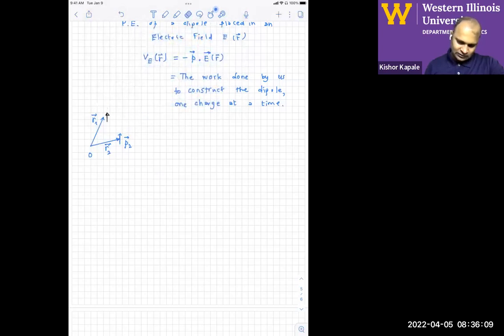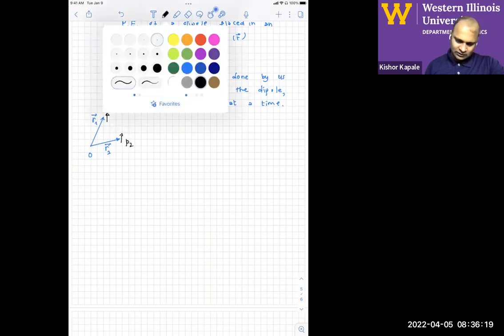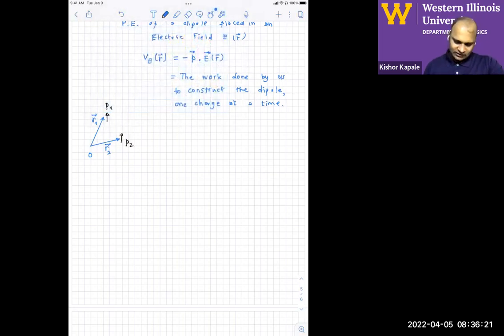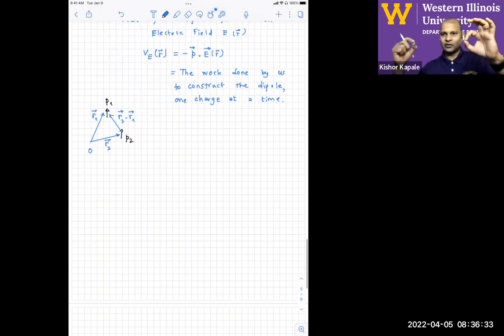So that is P1. And this is P2. And then the distance between the two, which would be this vector, is going to be R2 vector minus R1 vector, right? So we now have two dipoles that are at distance R2 minus R1.